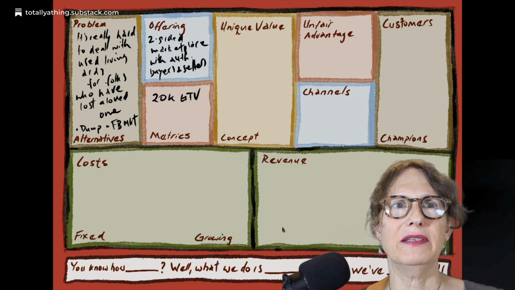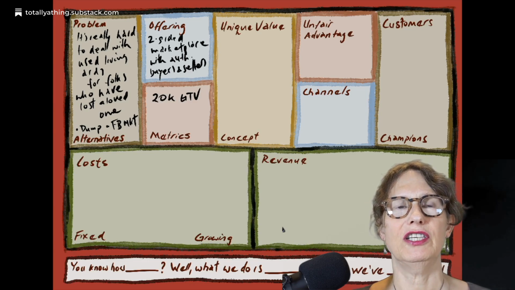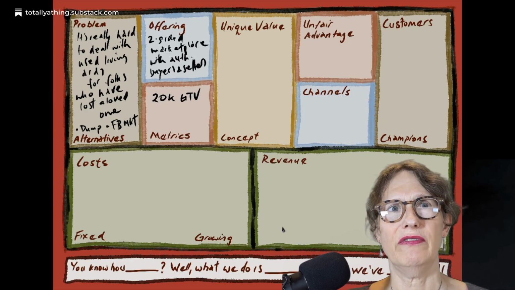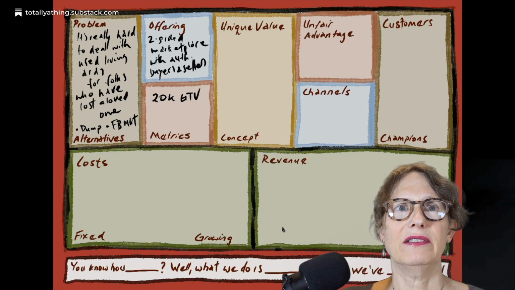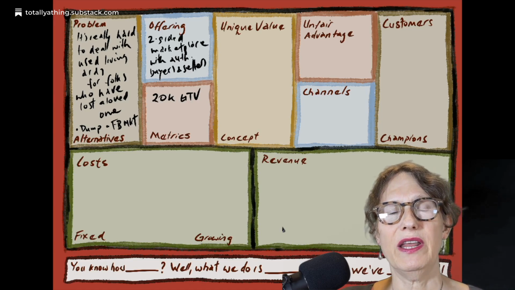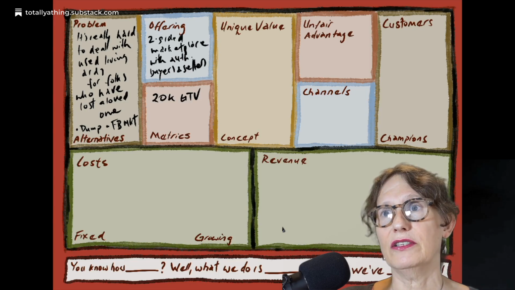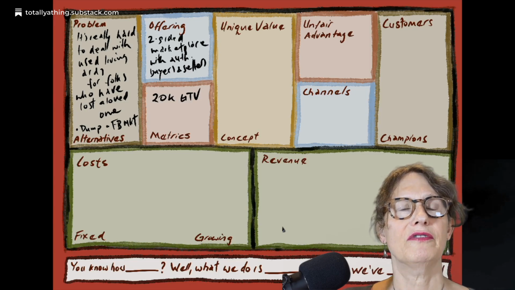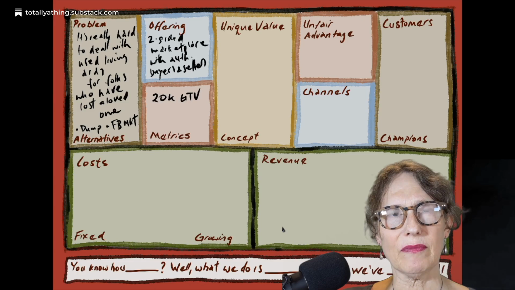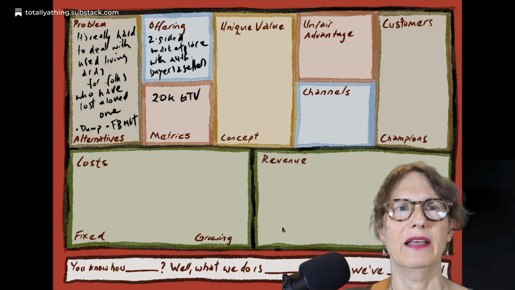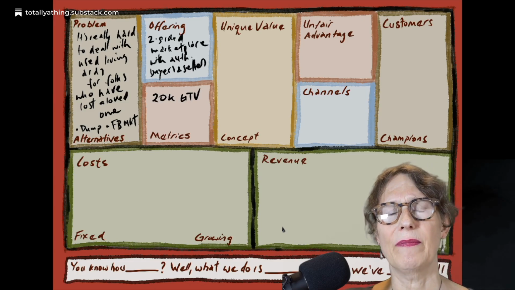In Brian's case, he's come to me and he's said, look, we've got 20k GTV, gross transaction value. So in the last year of him using just his cobbled together platform, Brian's managed to have 20k of transactions go through of folks buying and selling these assisted living aids in this example that I'm using.